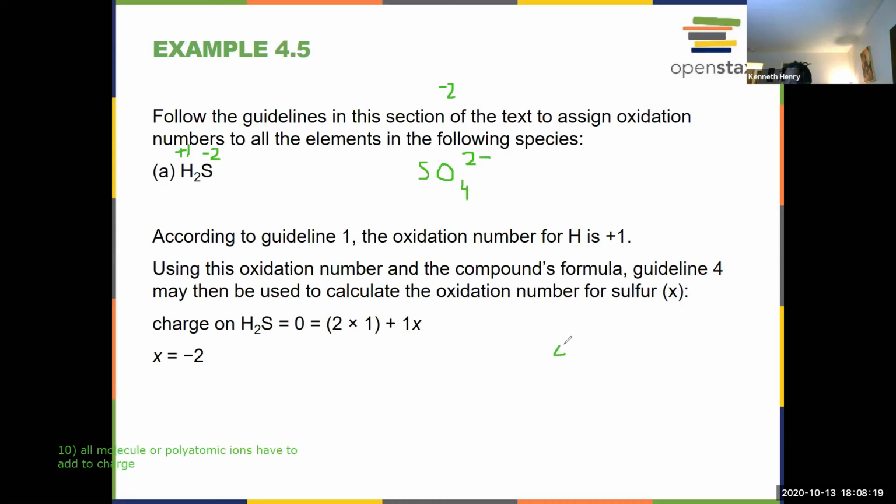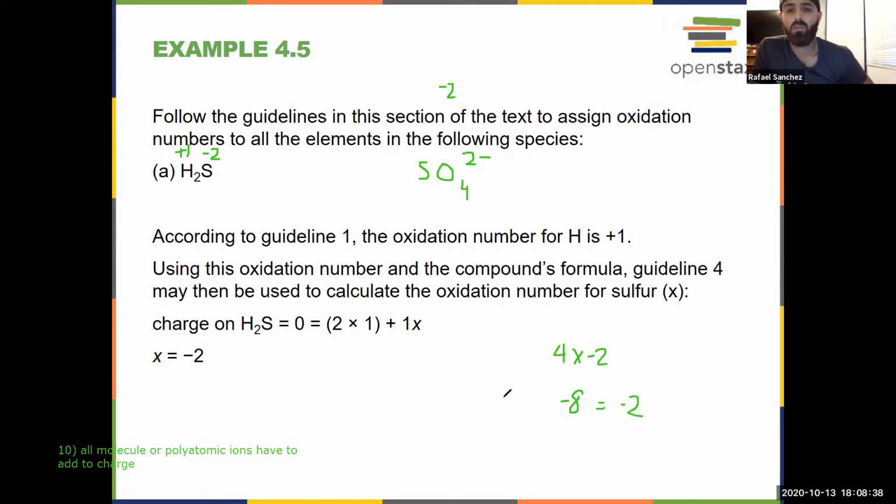So I have 4 times -2, that equals -8. Then sulfur has to be, remember it has to equal the charge on that ion. So positive 8 to equal -2. So it has to be what? Positive 6. Okay, so then the oxidation number for this sulfur is 6.